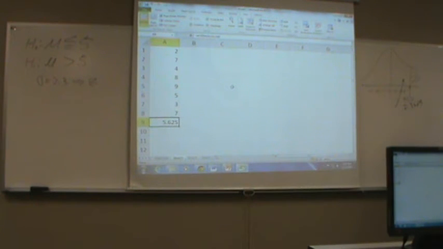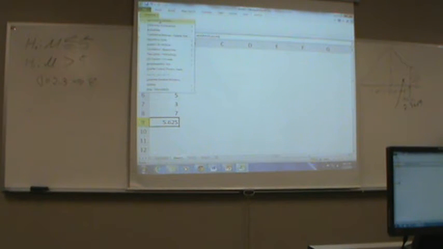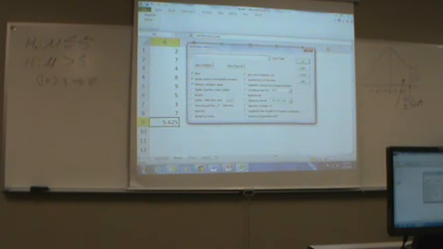Or using MegaStat, descriptive statistics, specify input range, and then OK.